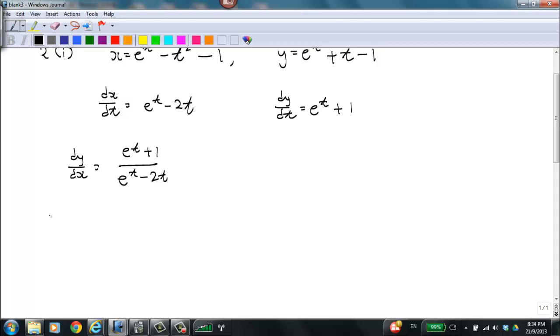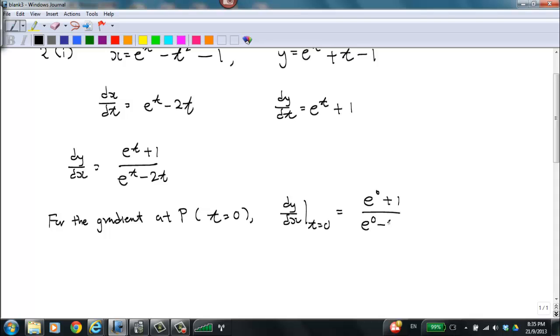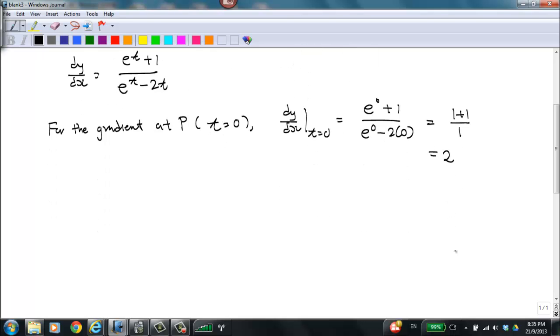So in order to get the gradient at P, we know that t equals 0. We will sub in t equals 0, and this will give us the value 2. Once we get the gradient, we also need to know the coordinates of the point P itself.